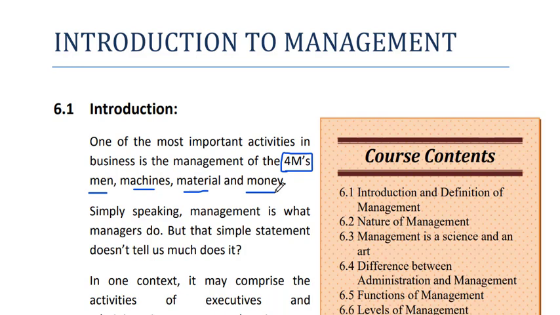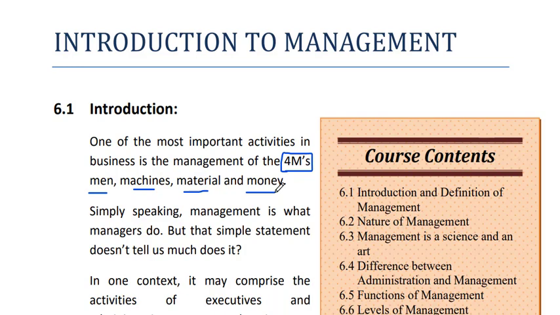We have to manage these 4M so that we can easily produce our product, and cost effectively also. We have to manage money so that the product will be cost effective, and if it is a lower price, then the public will also buy it.